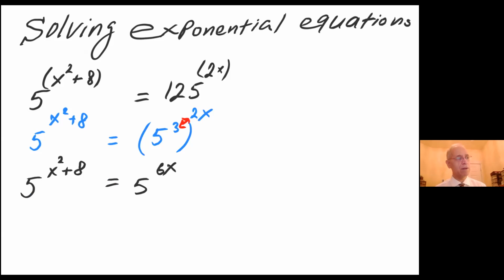And now remember that this equal sign right here, arguably the most important sign in mathematics, demands that if the base on the left-hand side is the same as the base on the right-hand side, then the power on the left-hand side equals the power on the right-hand side.